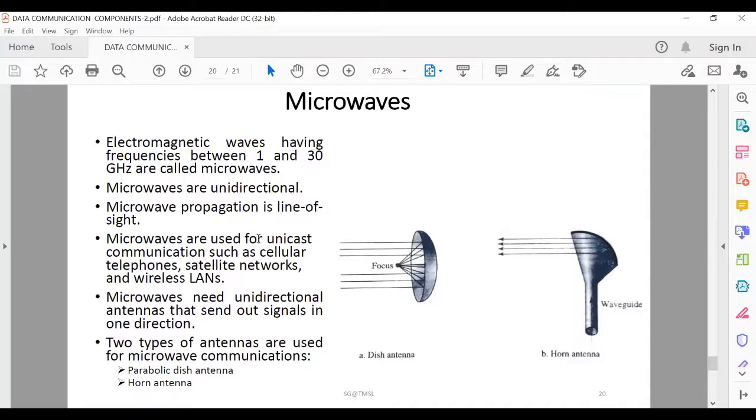That's why we need repeaters for long distance communication. It uses unidirectional antennas that send out the signals in one direction, and two types of antennas are used. One is the parabolic dish antenna, another is the horn antenna.